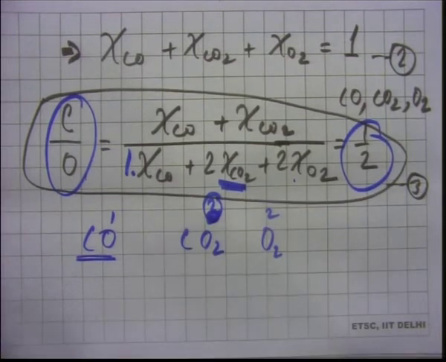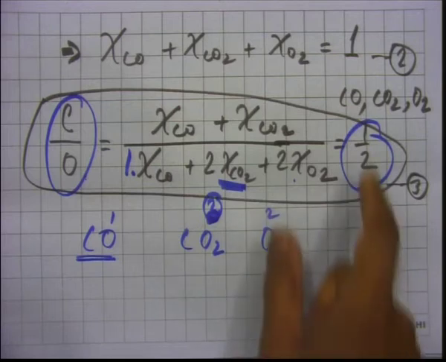So, this is your third equation. The first equation comes from chemical equilibrium, the second equation we wrote from the fact that the sum of mole fractions is equal to 1, and the third equation we have written using the carbon oxygen atom ratio. Okay.